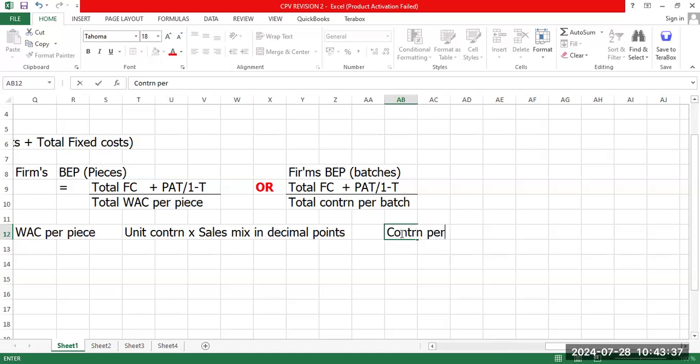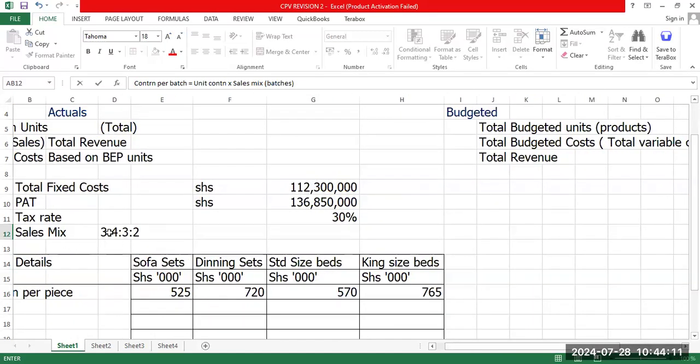Contribution per batch will be equal to unit contribution, then you just multiply by sales mix, the way it is given in the question, without converting it into decimal points. This is in the batches. The sales mix, we call these ones batches.